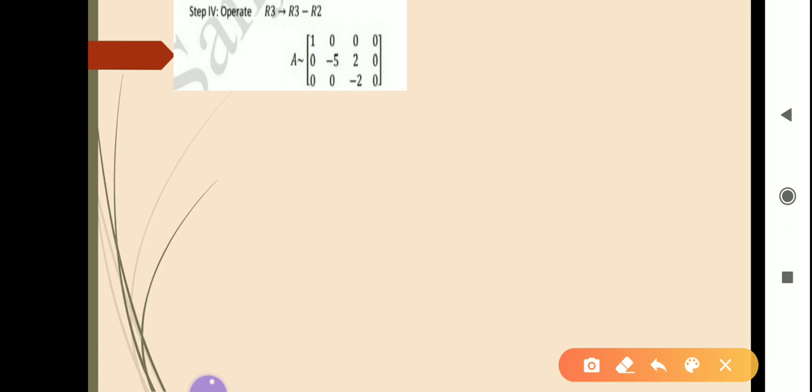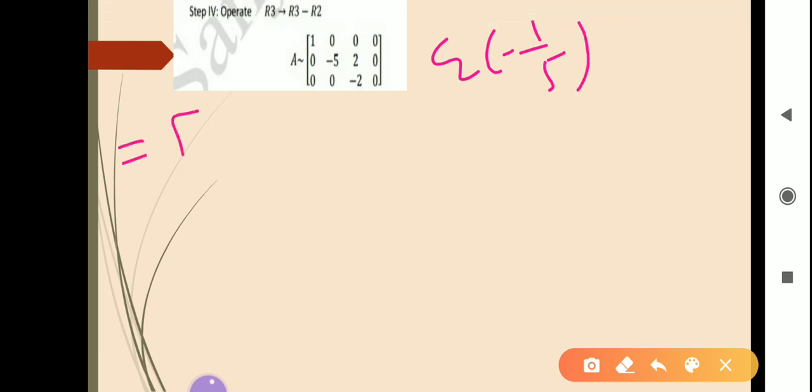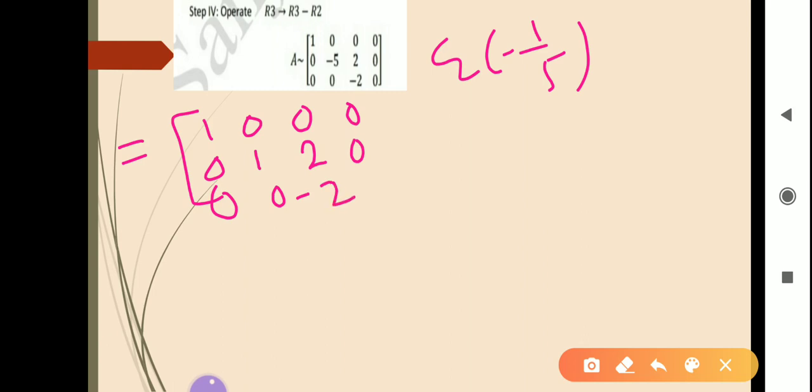So avoid fraction. So instead of dividing R2 by minus 5, divide C2 by minus 5, means C2 into minus 1 by 5. So if we use this operation here, then given matrix becomes 1 0 0 0 0 1 2 0, and last row 0 0 minus 2 0.